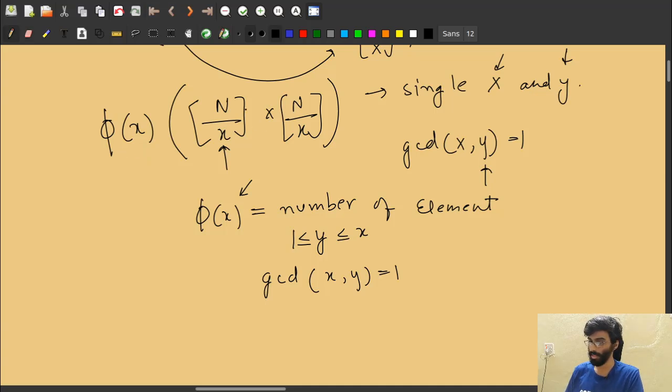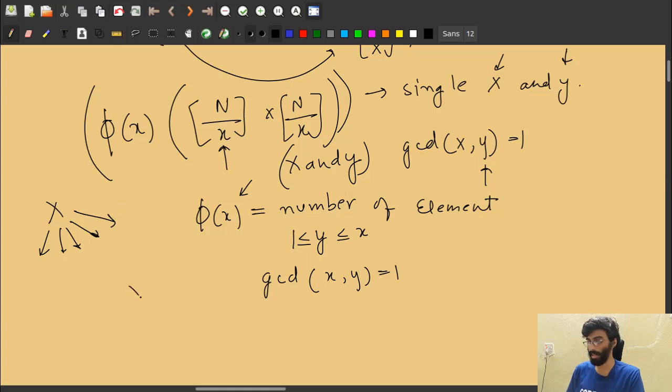Hence as this number of pairs is just for a single x and y, multiplying it with phi of x, we will be getting these pairs for a single x and all the possible y's it can have.